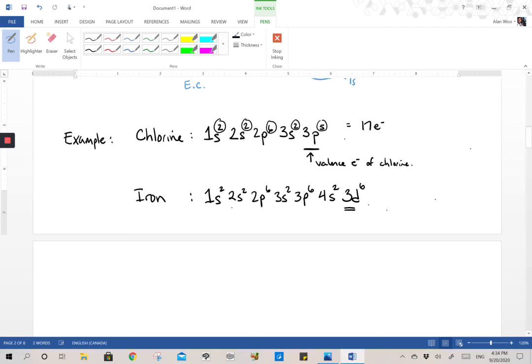Let's see if I can write that in. Proper electron configuration based on electron filling.